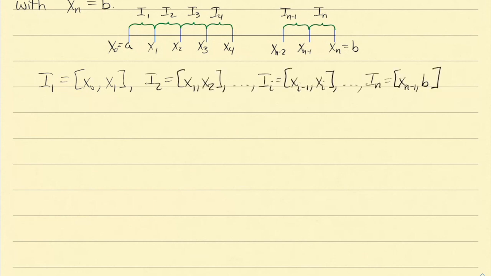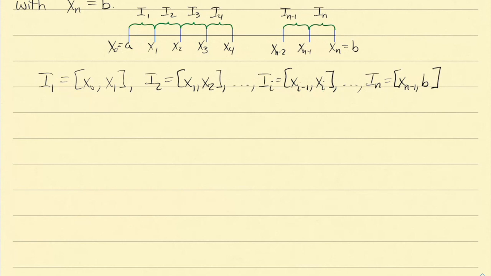So there's an important pattern to recognize here. If you want to write down the ith interval, then you need to take the point x(i minus 1) as your left endpoint and xi as your right endpoint.